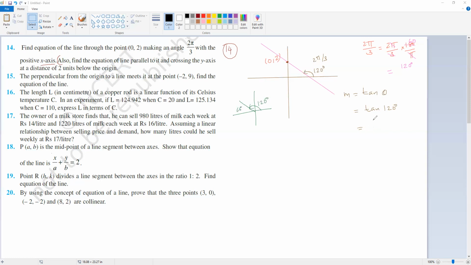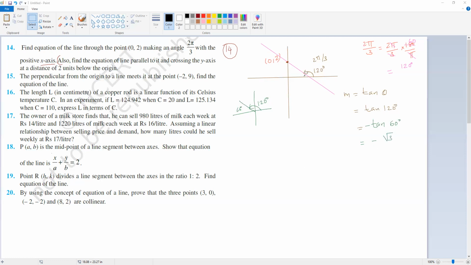So tan 120 is the same as tan 60 degrees. The only thing is, 120 is in the second quadrant where tan is negative, so it is negative tan 60. So negative tan 60 is equal to −√3. So it is minus √3.